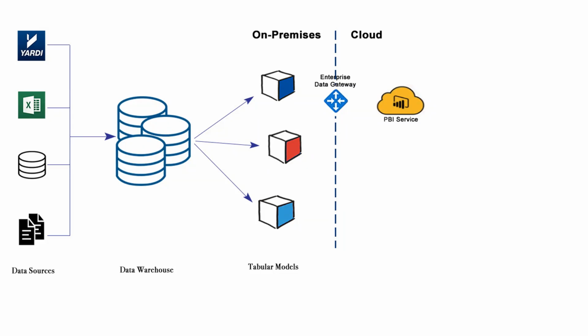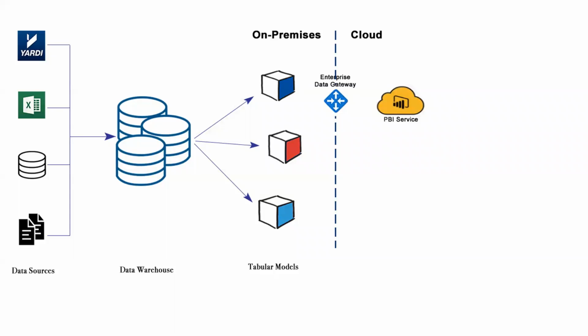And then from the data warehouse, you'll be able to connect to Power BI for building the report. So the users can directly come to the data warehouse for building the reports, or to have faster performing reports, they can connect to the tabular models. So is it clear?